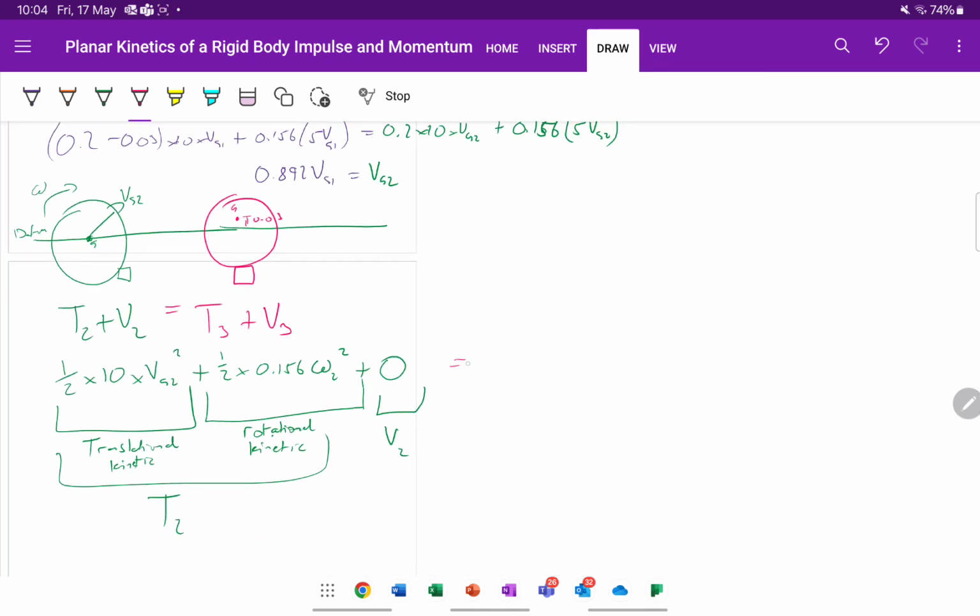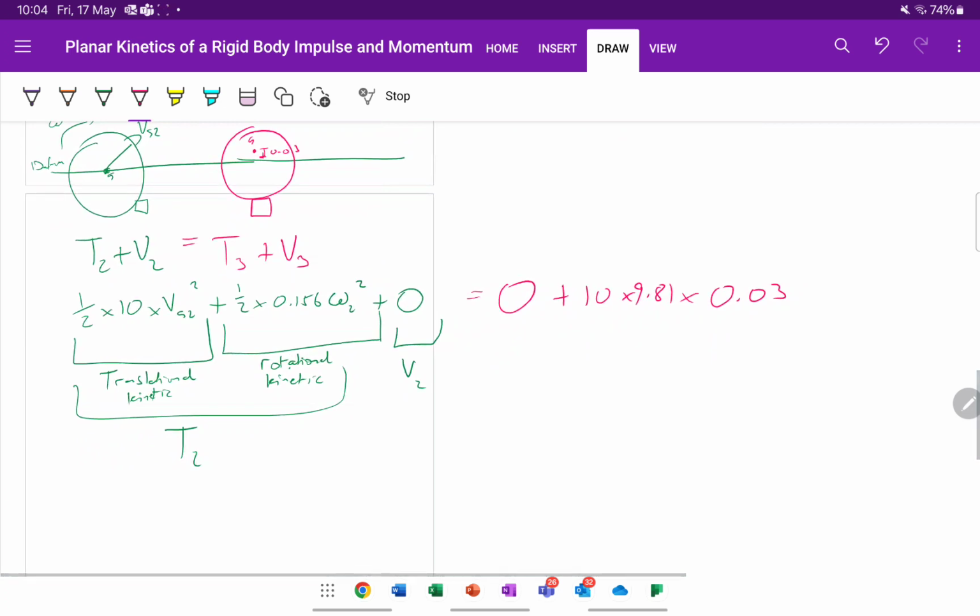In our pink diagram, we've asked it to stop on the step, so there's no kinetic energy. That's what we're calculating. And the potential energy is going to be the mass times gravity times the change in height, 0.03, which I've tried to indicate, badly possibly, on my diagram.